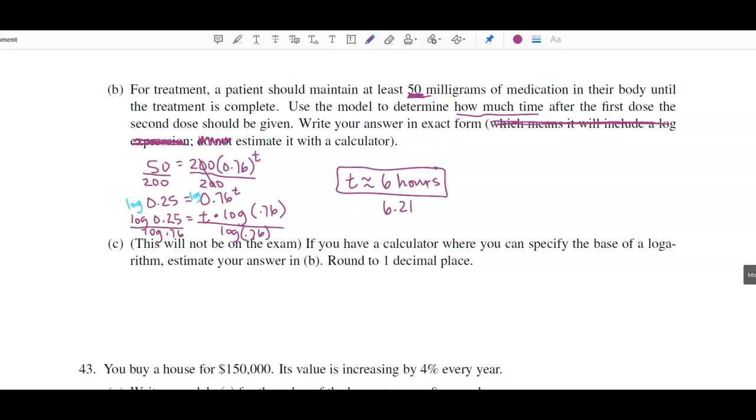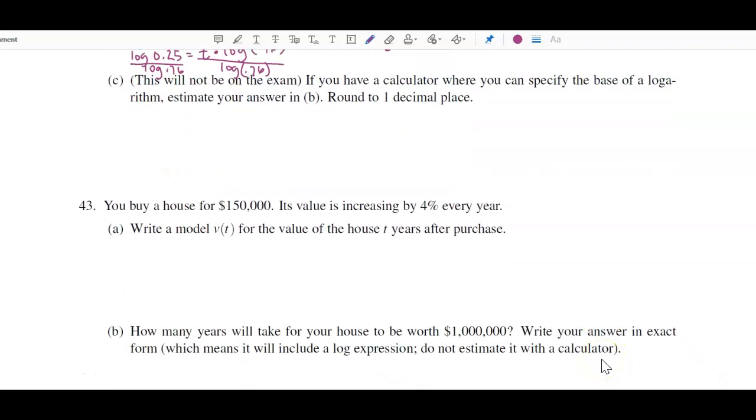Okay. And then on 43, remember, I'm not going to do all of this one, because we just did one like it, but when it says it's increasing by 4% each year, remember that that's when you're doing 100% plus the 4%. So you got the 104%, which is really 1.04 when you change it to a decimal, right?